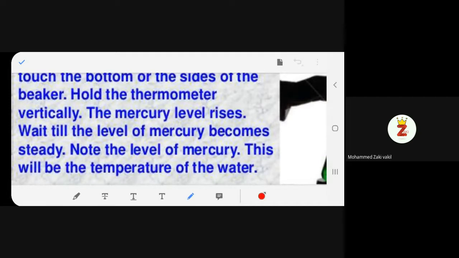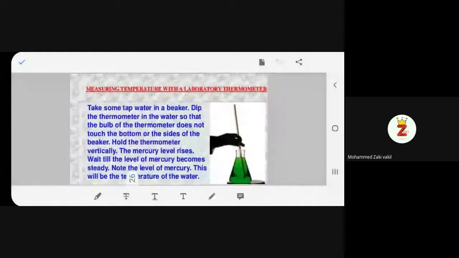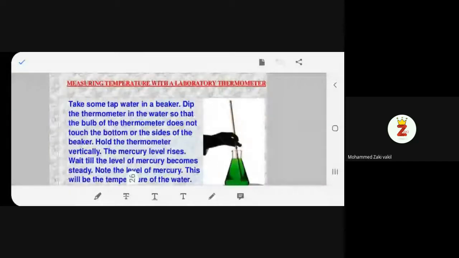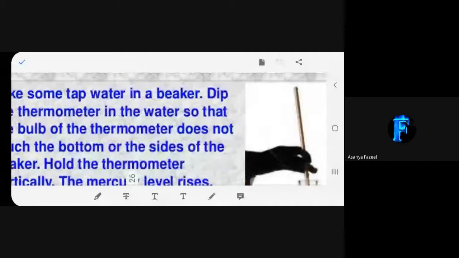It will not move. Keep on waiting, it will not move. You have to find out the mercury reading. That becomes the temperature of the water. Is it clear to all of you? Yes, ma'am.